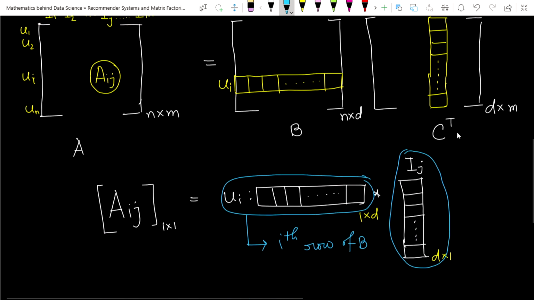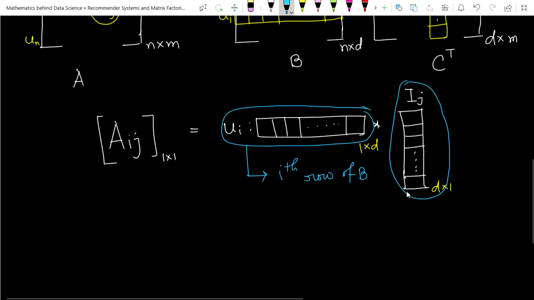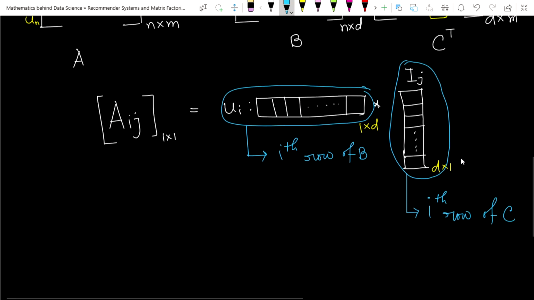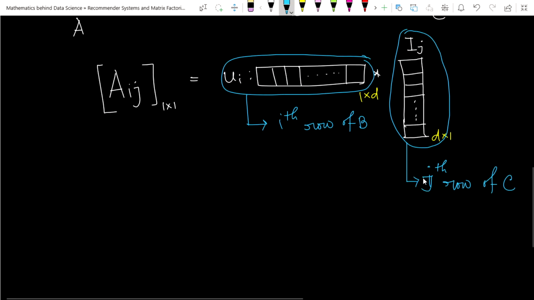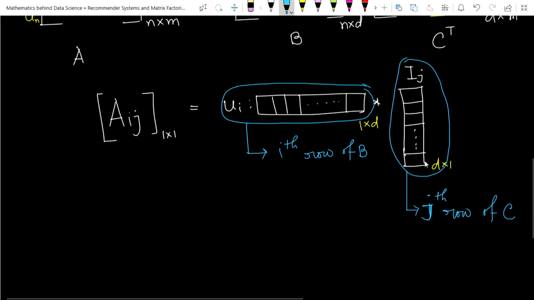What does that mean? The jth column of C transpose means the jth row of C. In general, it is the jth column of the matrix C transpose, that means it's the jth row of the matrix C. Okay.